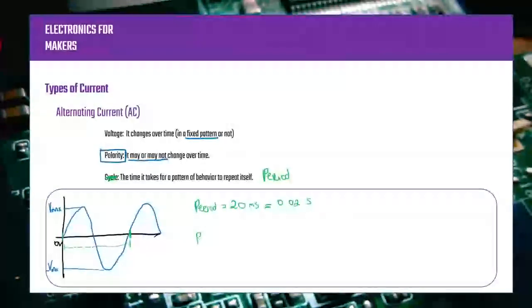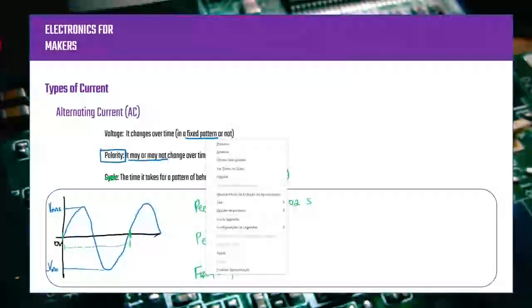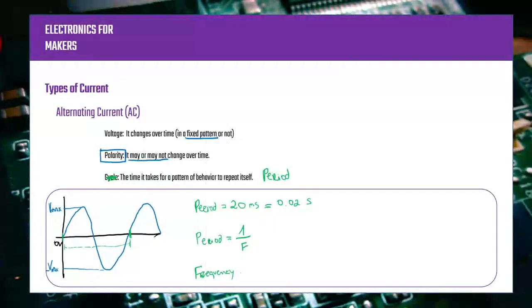The formula for period is 1 over f, which is frequency. And so frequency, the concept we're going to see in a moment, is also 1 over the period. So if we have our period, we can find out the frequency, the number of cycles that happen within a second. We know the period, the time of one cycle, is 20 milliseconds.